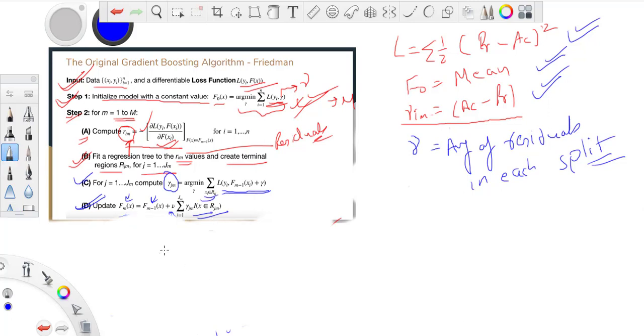So essentially my new prediction becomes the previous prediction, in this case f naught, plus the shrinkage rate or learning rate times the gamma value for that particular observation. So this becomes the output from my first tree.